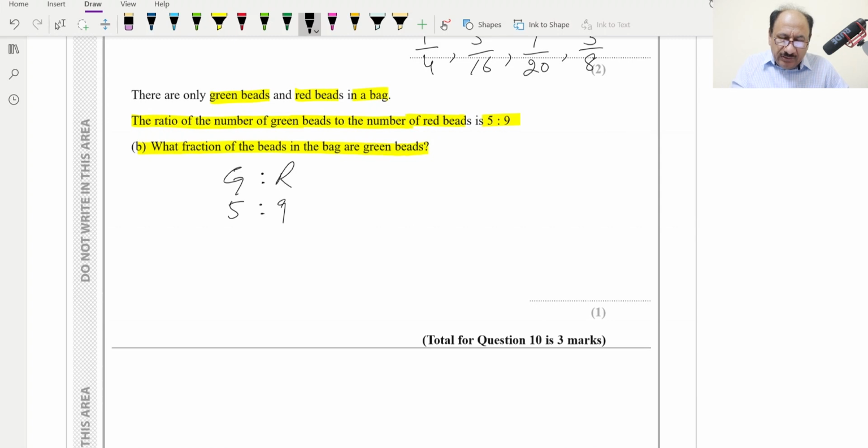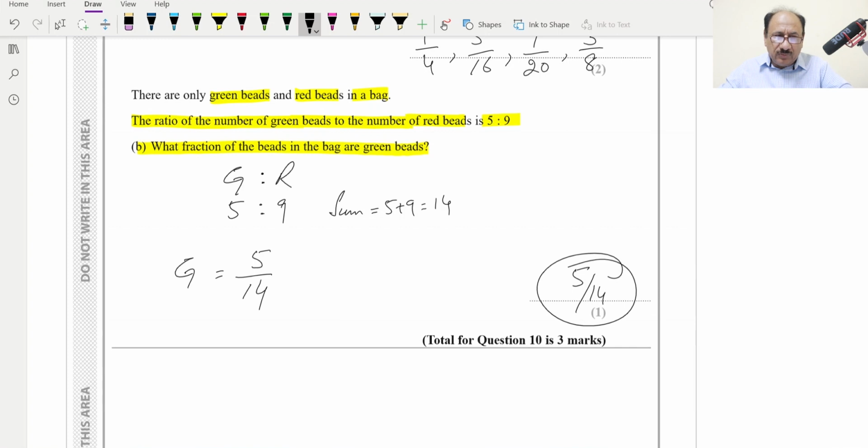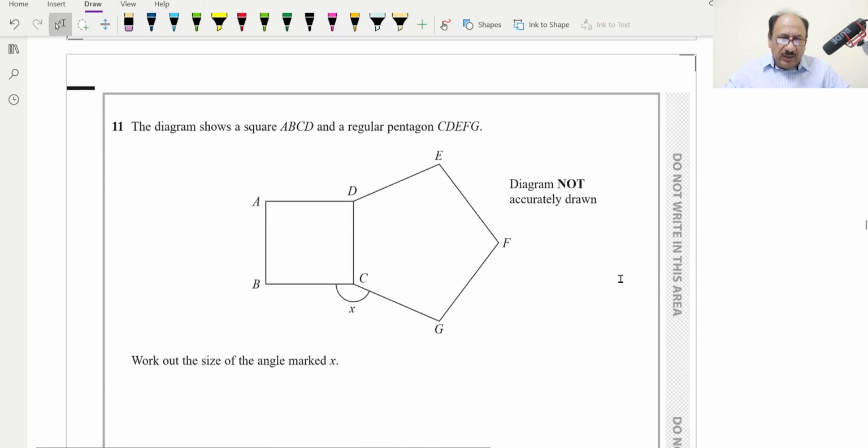So we have to write in the form of a fraction. The sum will be equal to 5 plus 9, which is equal to 14. So the fraction of beads in the bag that are green will be 5 out of 14. So this will be our answer, 5 out of 14. One mark question. I have explained this one for your understanding. Hopefully you got this.